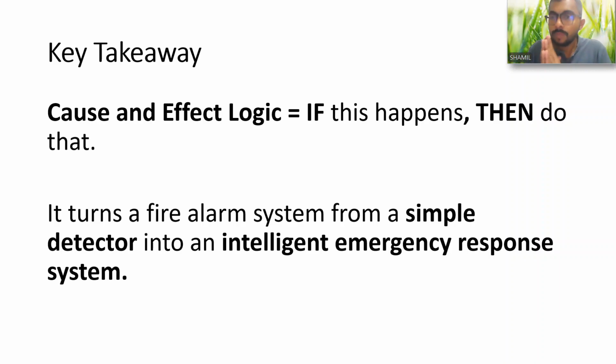Because of this concept, the fire alarm system transforms from a simple detector into an intelligent emergency response system. That is how important cause and effect logic is in a fire alarm system.